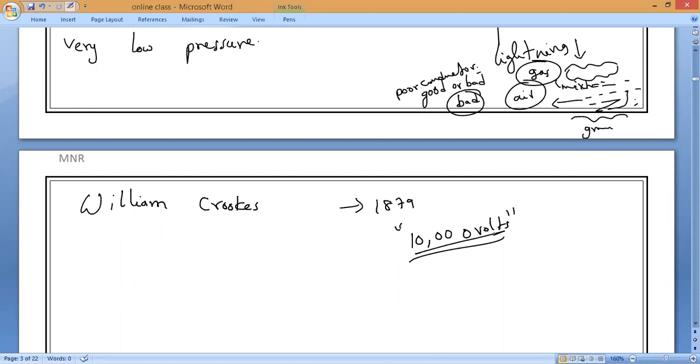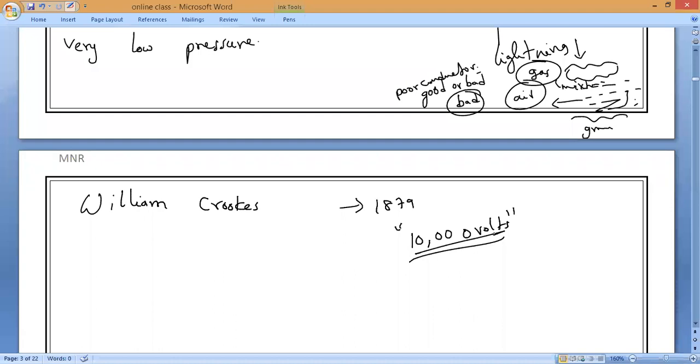But gases turn into good conductors of electricity when we reduce the pressure inside the discharge tube gradually. When the pressure is decreasing, slowly the gases turn into good conductors of electricity. That is what they found.